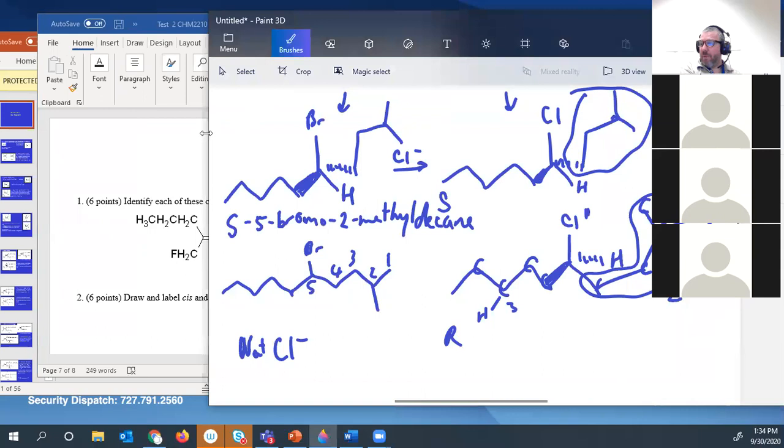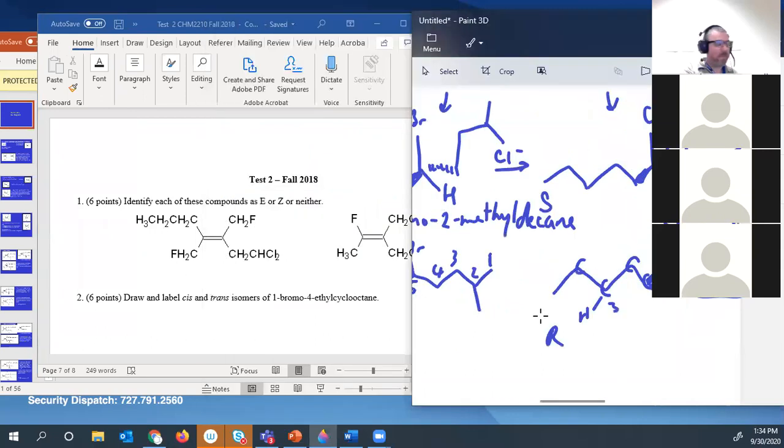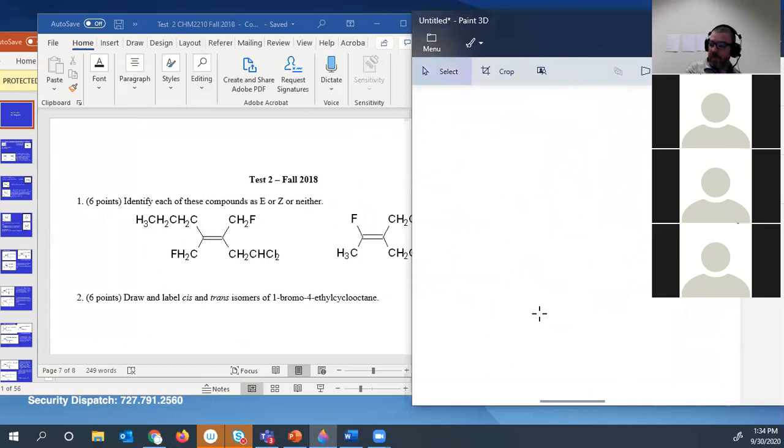And this is where we first latched on to the concept of priorities. So for something like this, I never give line structures for these, but I'm going to go ahead and draw it out as a line structure.